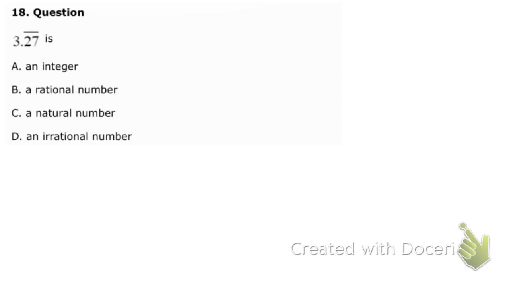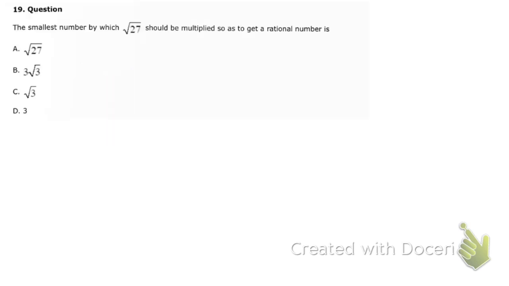Question number 18. Here you see 3.27 recurring. It is an integer, a rational number, a natural number, or an irrational number? You know, recurring numbers are rational numbers, okay? Now root 27, so what is the smallest number to be multiplied by this to make it rational?